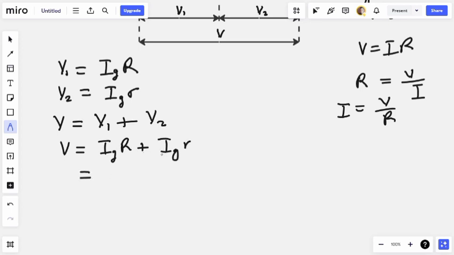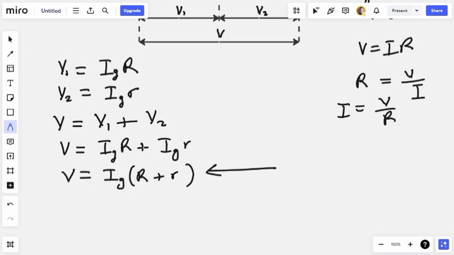You factor out the galvanometer current Ig, so you have V equals Ig, open bracket, R plus r. So this is basically the relation that we normally use to analyze the galvanometer as a voltmeter.